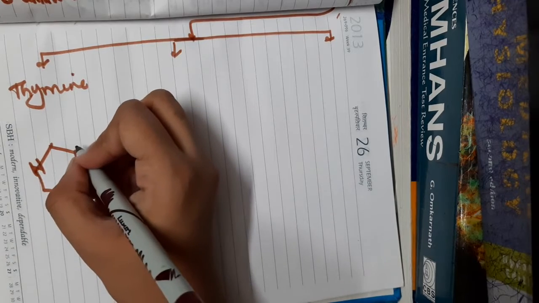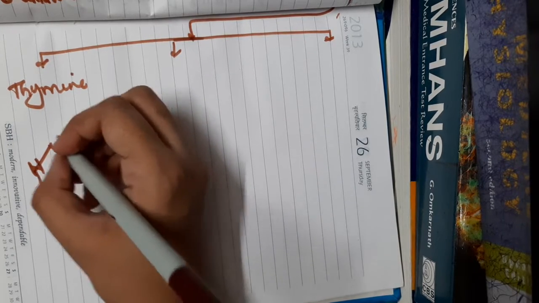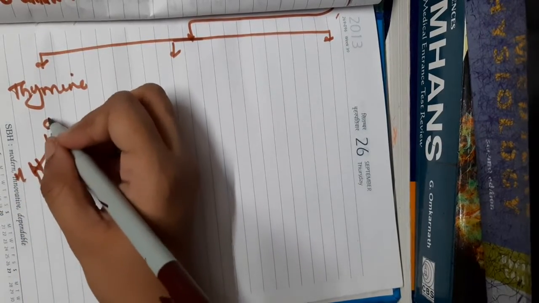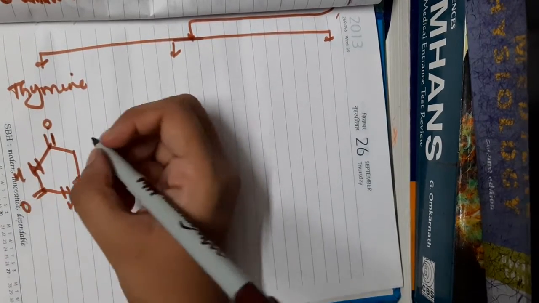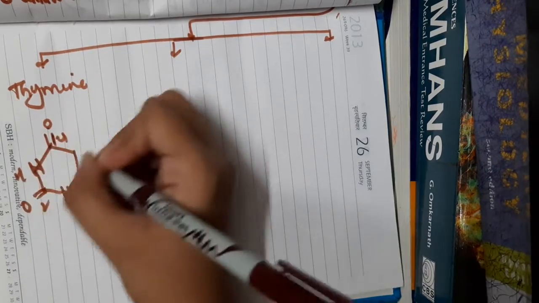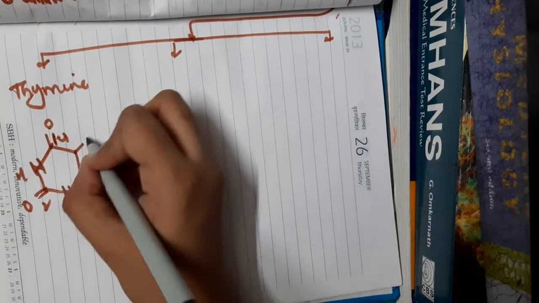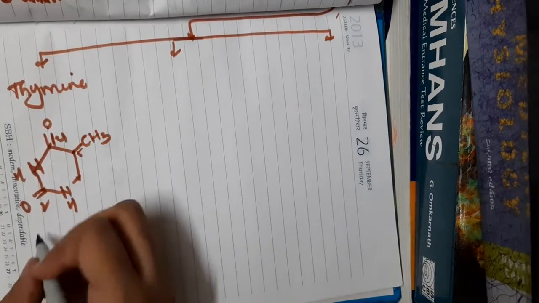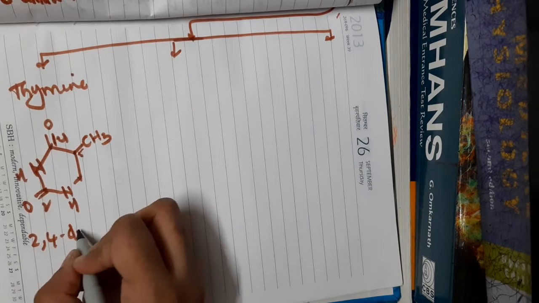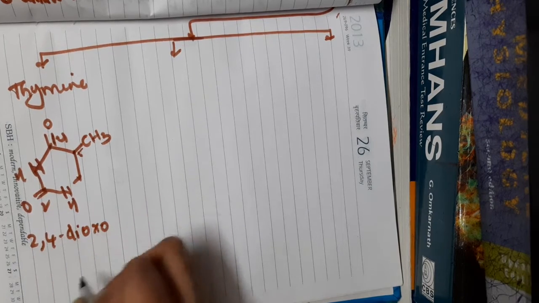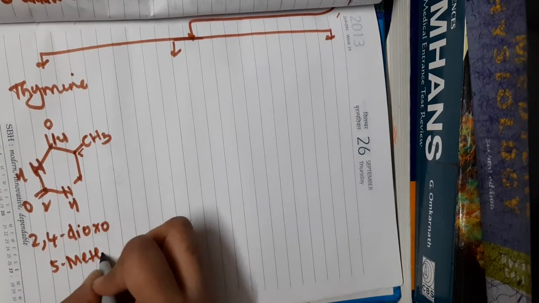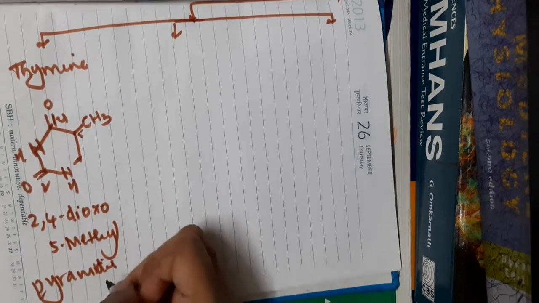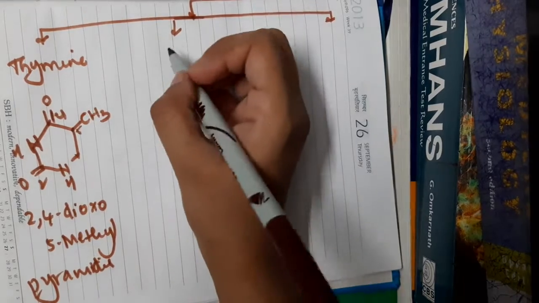To this pyrimidine molecule, if you add oxygen at the 2nd and 4th positions, and we add a methyl group at the 5th position, then we call it thymine. That is 2,4-dioxo 5-methyl pyrimidine is thymine.